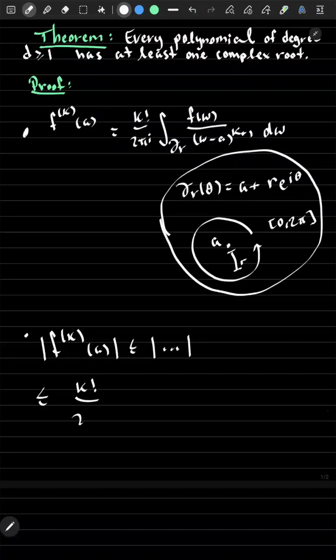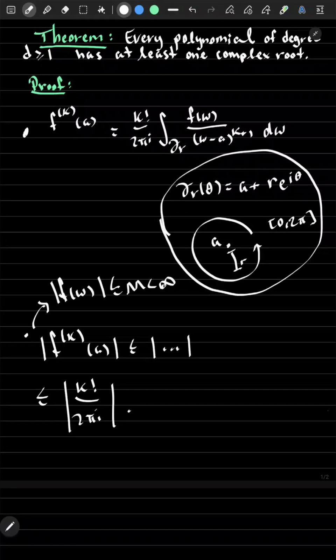k factorial over 2 pi i times... First of all, as a hypothesis to get this bound, we assume that f is actually bounded by a real number M less than infinity. So this is the hypothesis: f is a bounded analytic function.